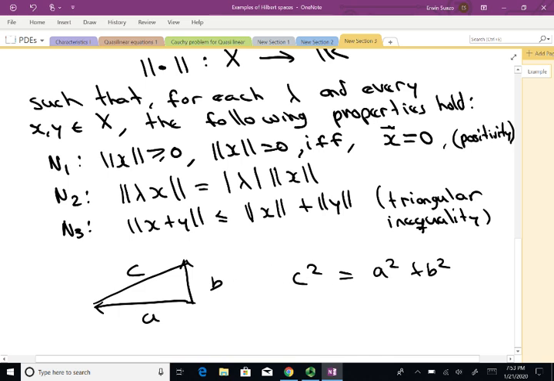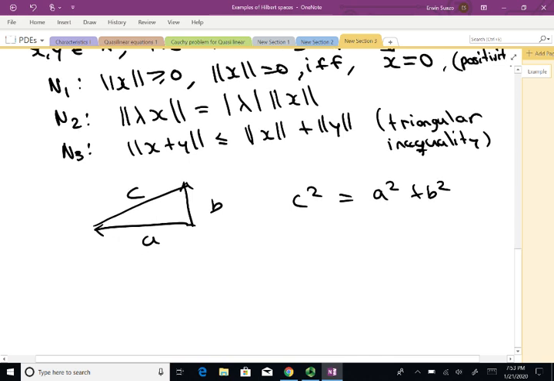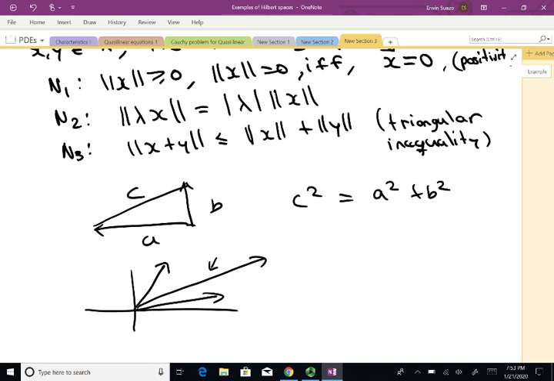In this case it's different because we don't have equality, we have inequality. So you have X, you have Y. So what is X plus Y? Is this guy. Okay, so what it's saying is that the norm of this guy, the distance of this guy, is less than or equal to the distance of this guy plus the distance of this guy. Okay, so it's called the triangle inequality.